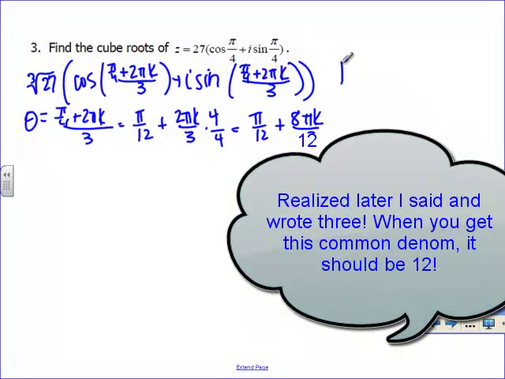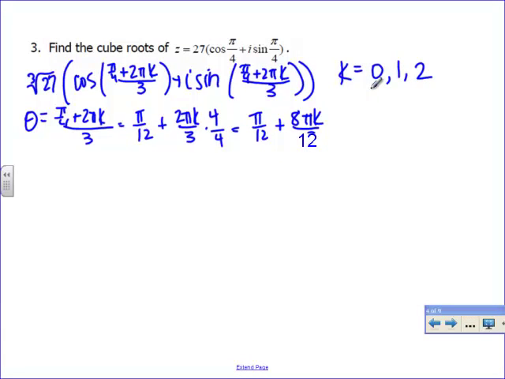And those k's are going to go from 0 up to 2 for my 3 total answers. So the first one, when I plug in a 0, I'm going to get 1 pi over 12. So my first solution is going to be the cube root of 27, which, by the way, actually does cube root nicely to a 3. So 3 cosine pi over 12 plus i sine pi over 12.